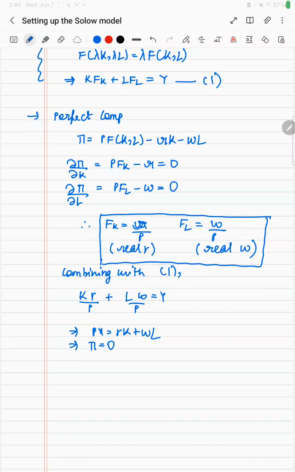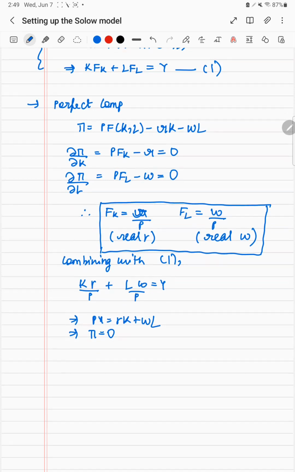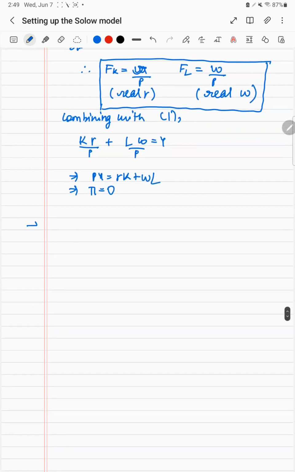So we are still dealing with the assumptions of the Solow model. The next one being, and we are going to come to using these assumptions to get something useful very soon, but this is all just the setup of the Solow model, as indeed I have titled the video. So the next thing is the assumption on consumer behavior.